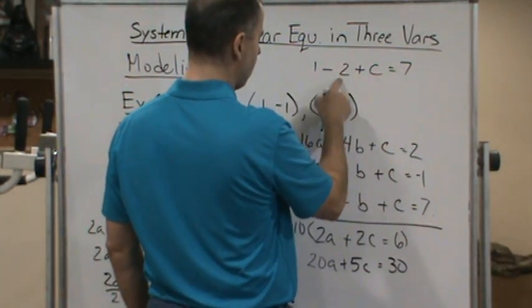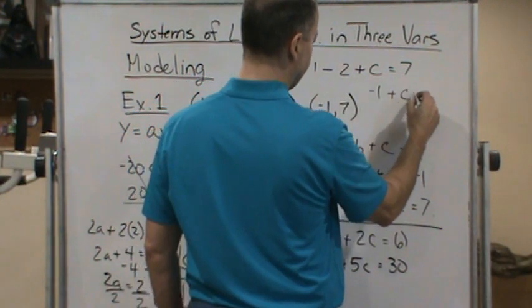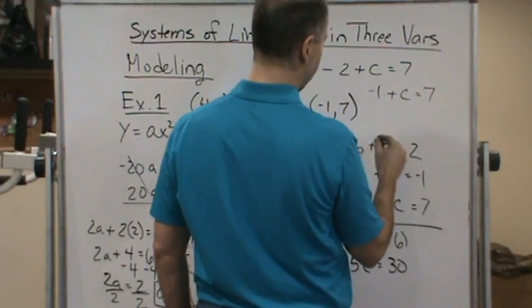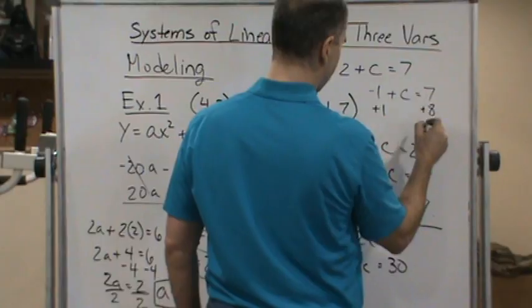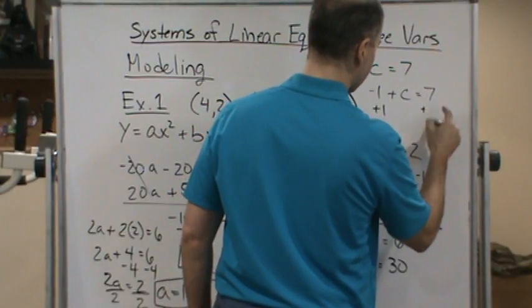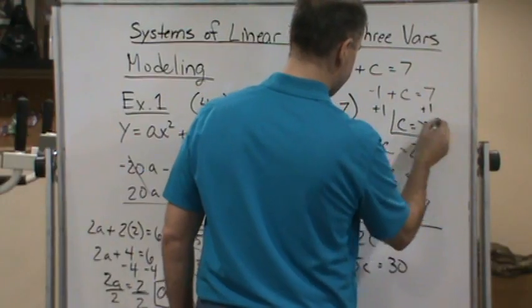So this is going to give me negative 1. So I'm going to get negative 1 plus c is equal to 7. And if I add 1 to both sides, oops, getting ahead of myself, I get c is equal to 8. And that's my third one.